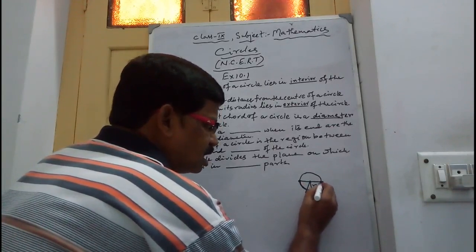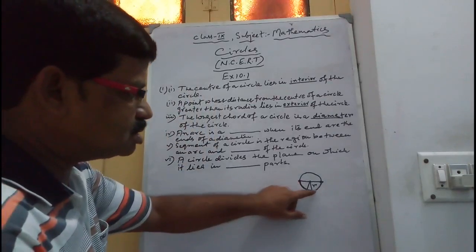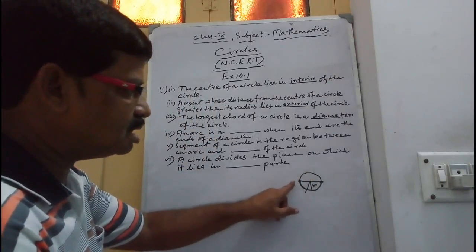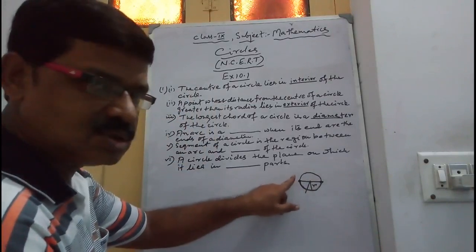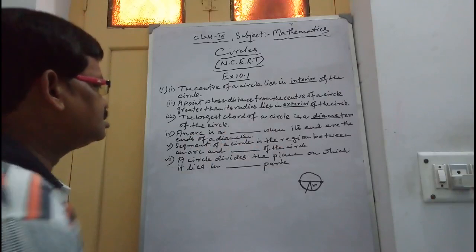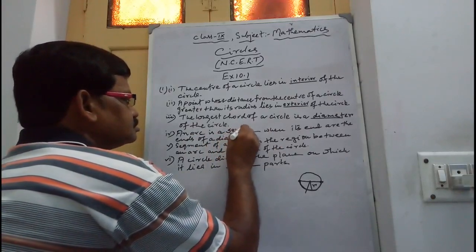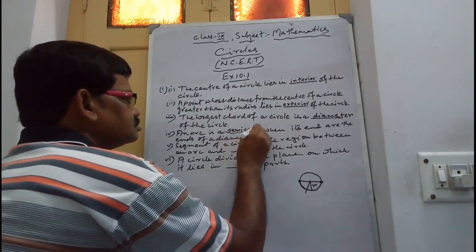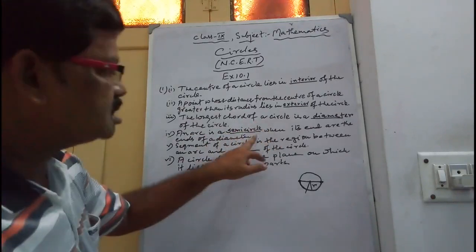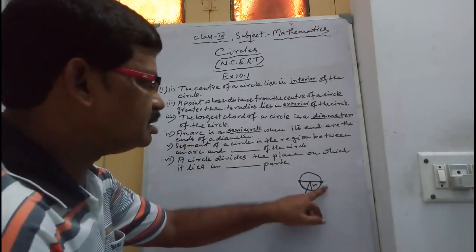So this one is the arc. This part divides the circle into two, so this one is known as a semicircle, whose endpoints are on the diameter.